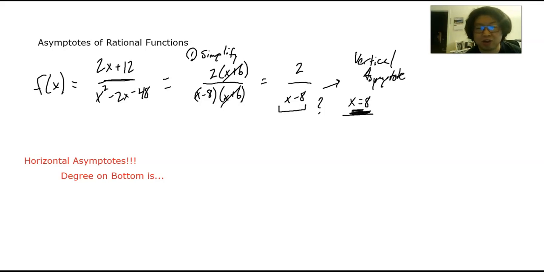But the main way to identify horizontal asymptotes is by the degree of your numerator and denominator.